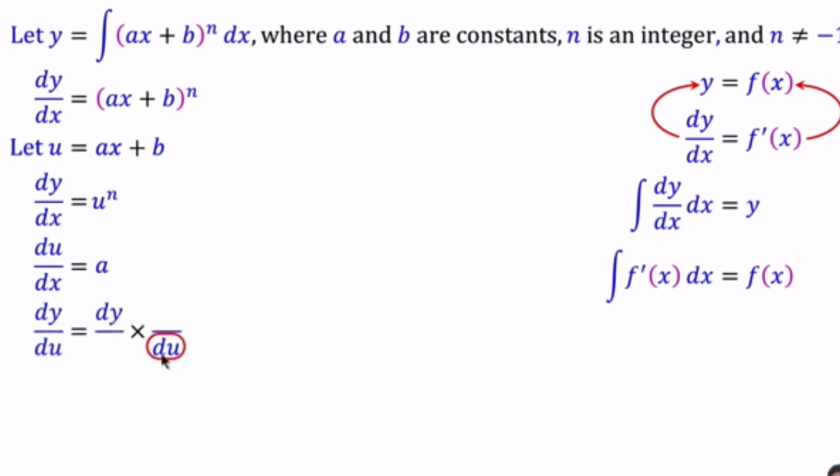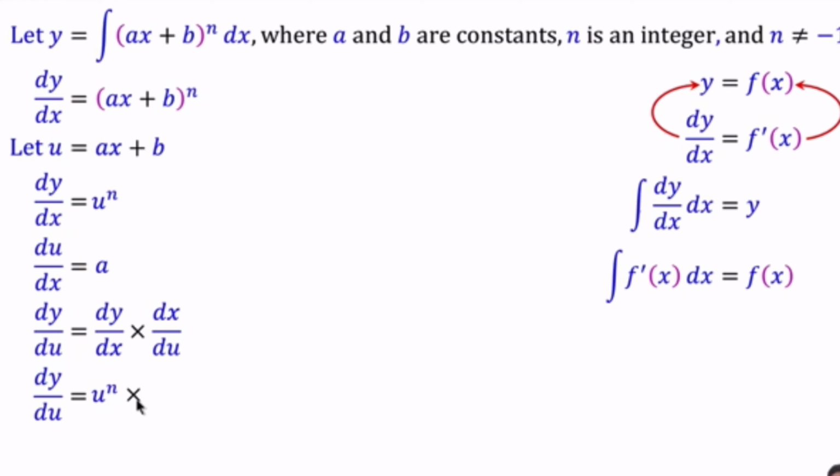So we will write dy/du is equal to dy/dx times dx/du. So we actually use the concept of chain rule, changing up dy and du using dx. Therefore dy/du is dy/dx times dx/du.